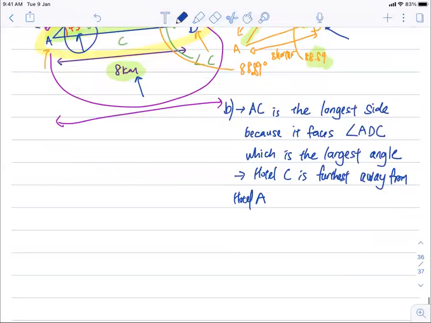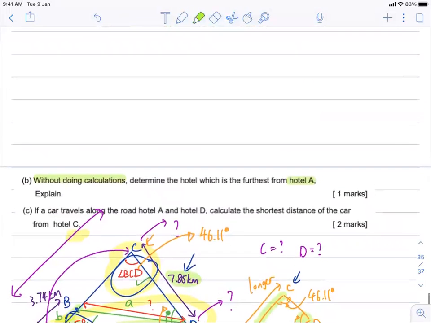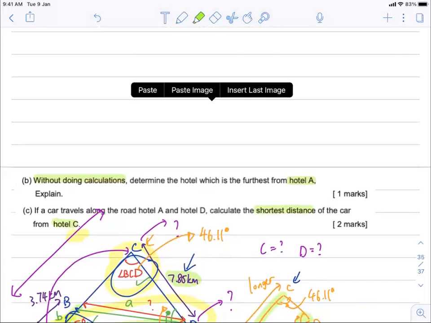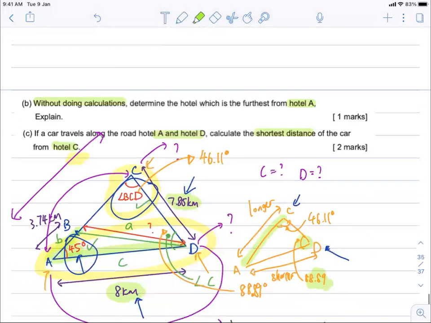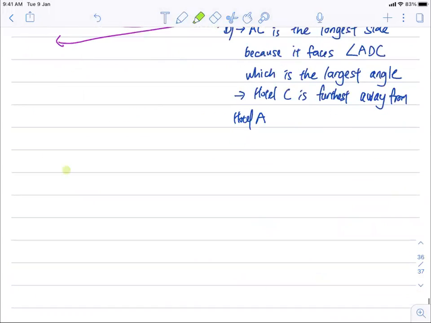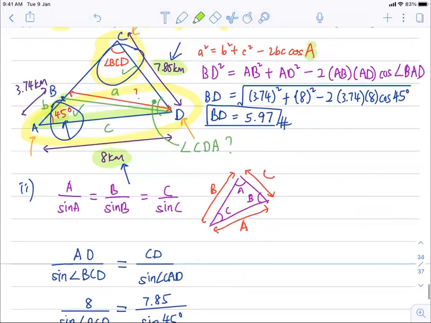Part C asks us to find the shortest distance of the car from hotel C if a car is traveling along hotel A and D. Again, let me copy over the diagram again. This diagram.